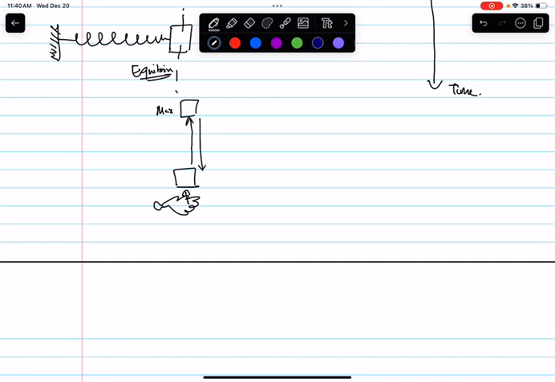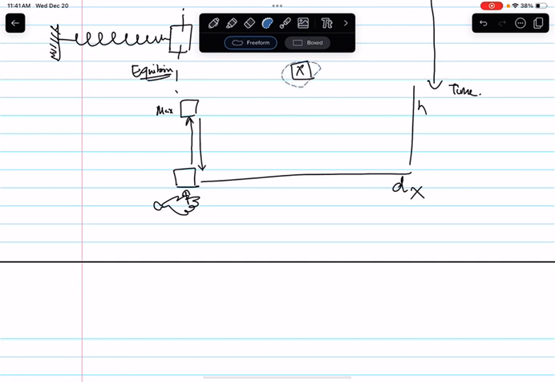Let's say I introduce your displacement x. When you introduce another variable, it's going to go up and down like this, but you're going to get this displacement taking place. So let's say this is your displacement in the x direction, this is your height in the y direction. Normally without displacement, it's just up and down.